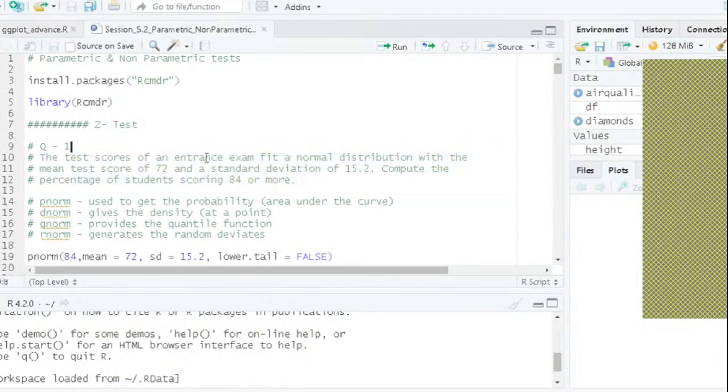The test scores of an entrance exam fit a normal distribution with a mean test score of 72 and standard deviation of 15.2. So can you tell me what is this 72 and 15.2?